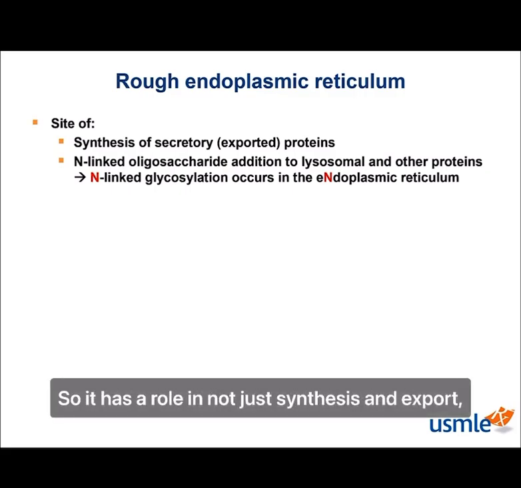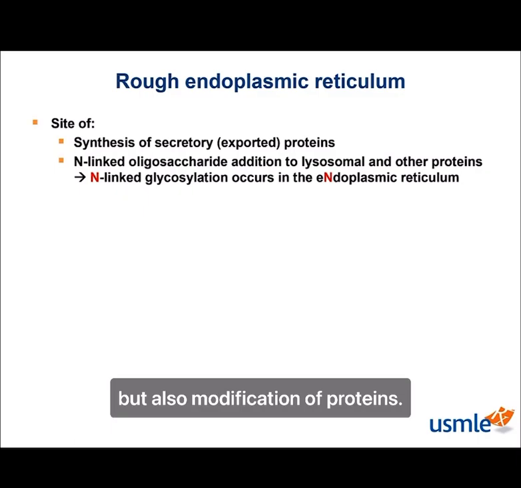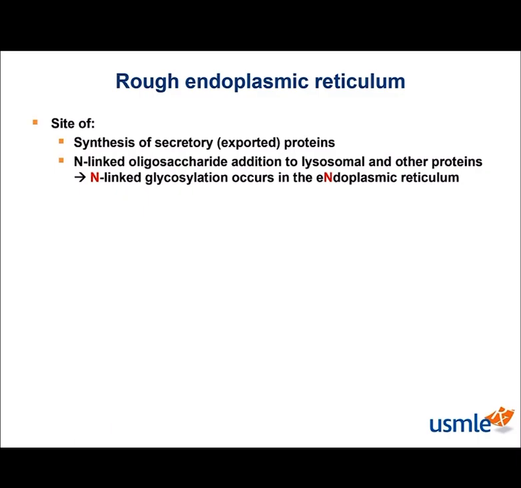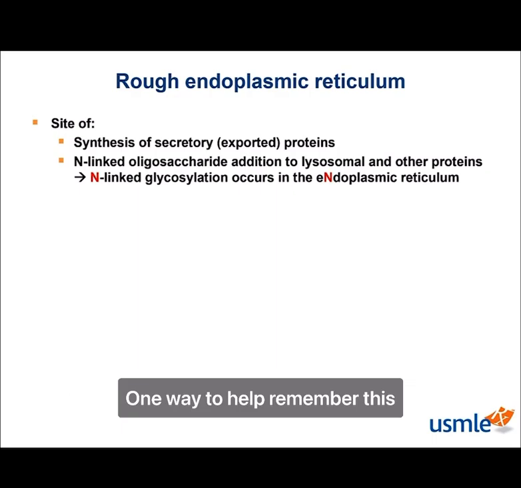So it has a role in not just synthesis and export, but also modification of proteins. One way to help remember this is that N-linked glycosylation occurs in the endoplasmic reticulum.